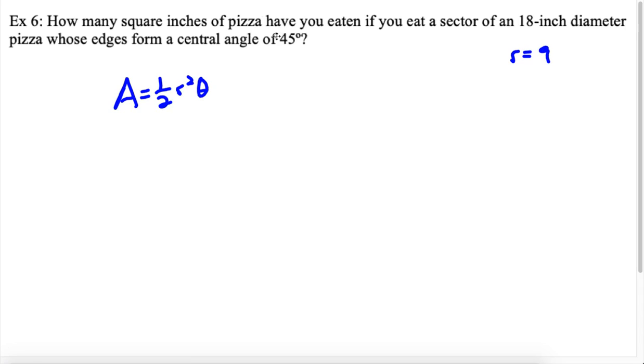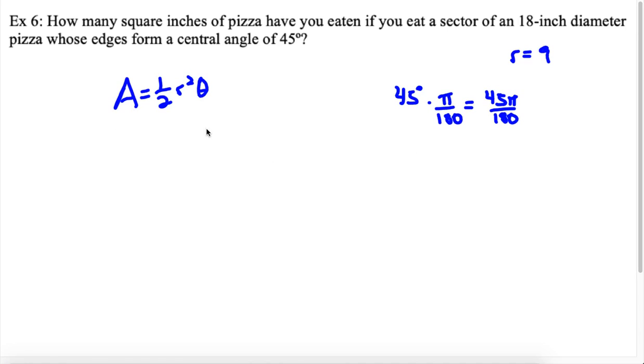Then we need our angle. Well, we're given our angle in degrees. We need it in radians. So I want to convert 45 times pi over 180. So 45 pi over 180. And again, if we wanted a final answer here, we would reduce this.